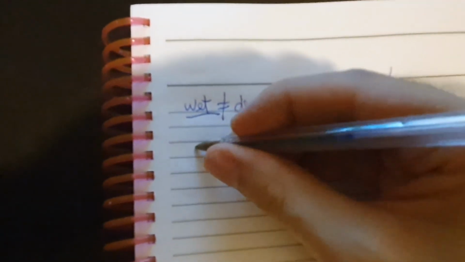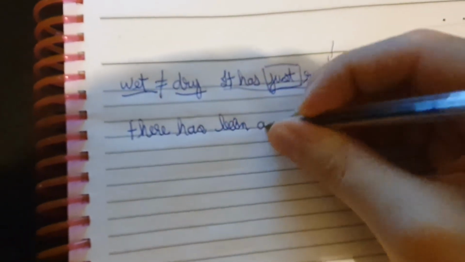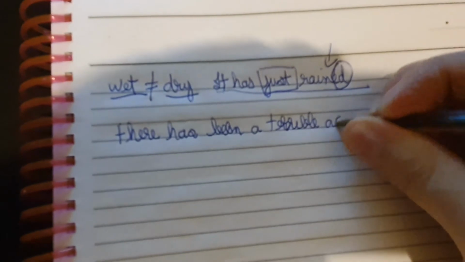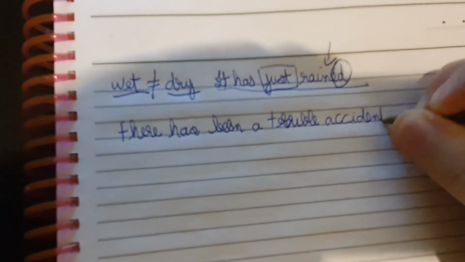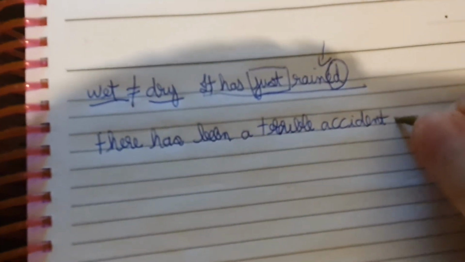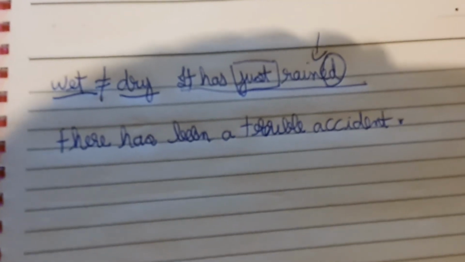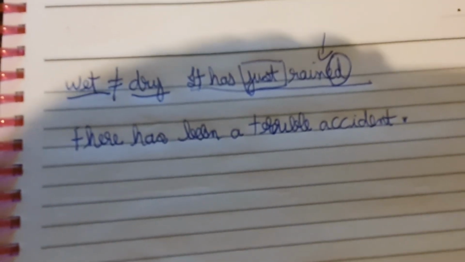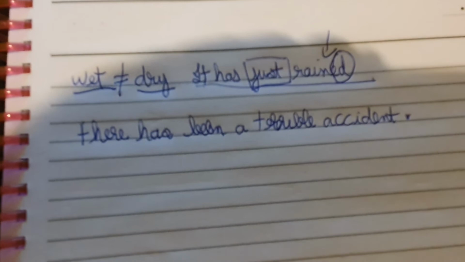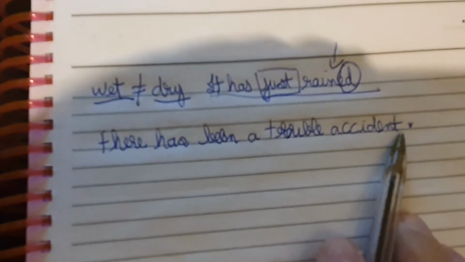Another example, there has been a terrible accident. There has been a terrible accident, okay? You are driving along the road and you see, oh my God, what happened here? You saw a car crash or something that has just happened. There has been a terrible accident here.